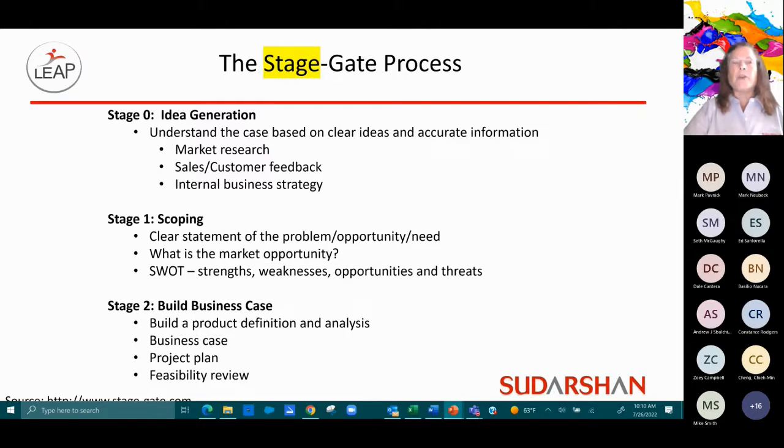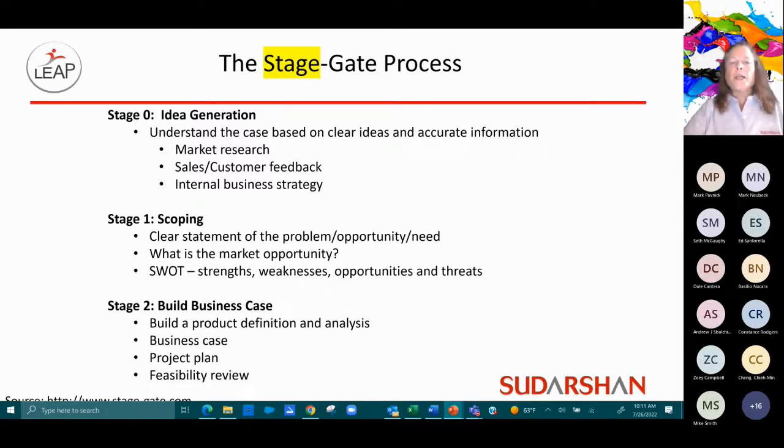These are the types of items that need to be addressed ahead of time and put into that project plan. And then finally, the last step in this particular stage is taking a look at that feasibility review. Once all of that information is in hand and on paper, the review of that particular project is done to make sure it's the right thing for your business.